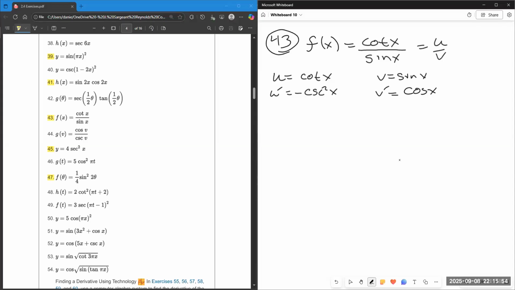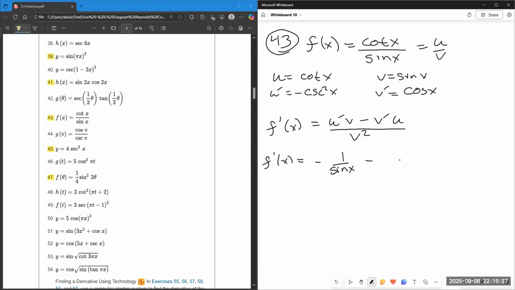So we want u prime times v, so f prime of x is u prime v minus v prime u all over v squared. f prime of x is, cosecant and sine are reciprocals of one another, so that's going to leave me with a negative cosecant x, and minus, this is going to be, let's call this 1 over sine x here.